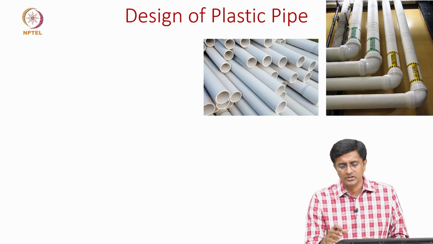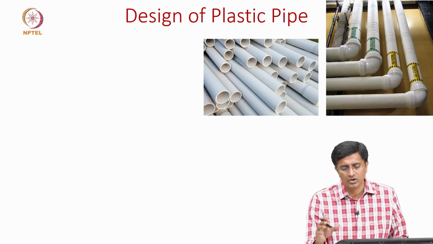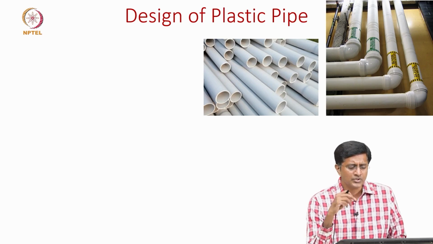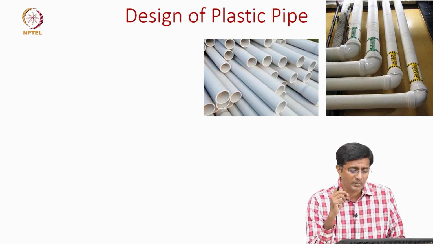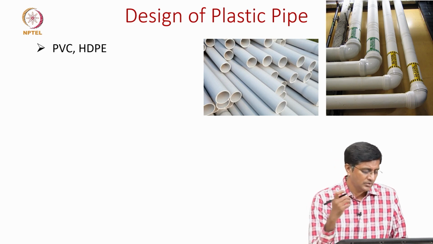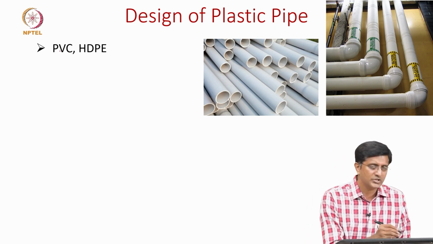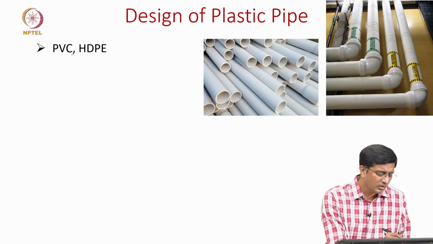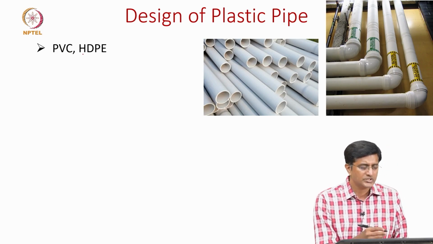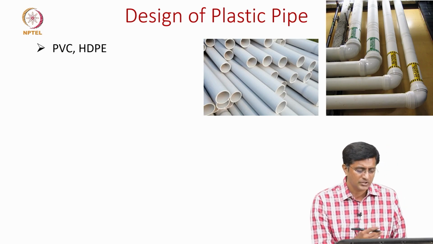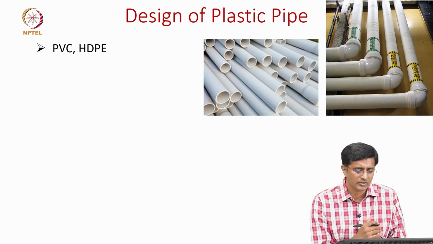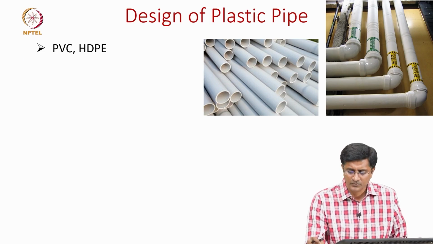And as you can see in this top right figure, they are also outside. So, now let us see what are the materials which are a good candidate for plastic pipes. Usually they are made up of PVC, polyvinyl chloride, or HDPE, which is the high density polyethylene. These are the common materials they use for these plastic pipes.